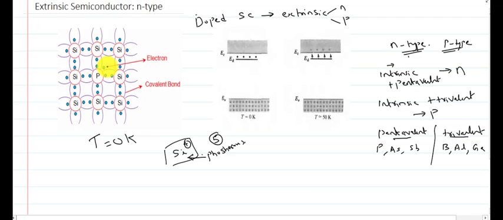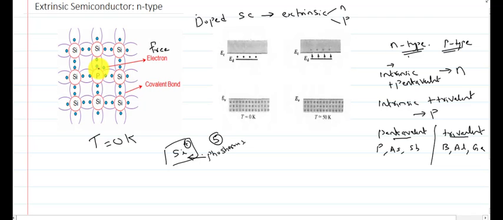But the 5th electron can't be shared with the neighboring silicon atoms, so it will act as a free electron. So for an N-type semiconductor, if we increase the doping concentration using phosphorus, if we add so many phosphorus atoms, the number of free electrons will increase.